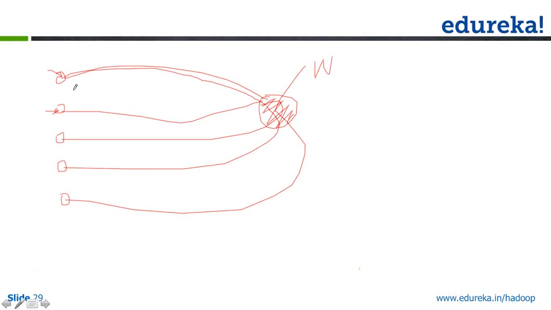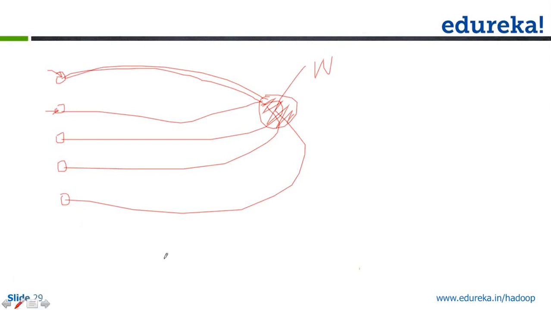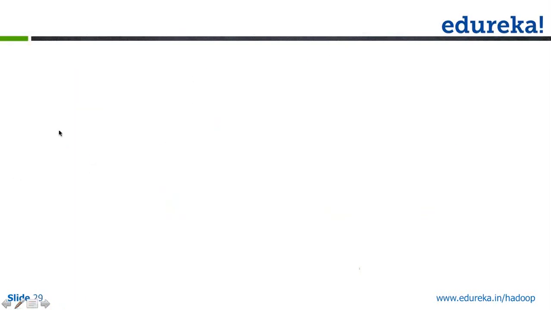So what could be the alternate solution? The alternate solution could be that you send your processing to these booths.